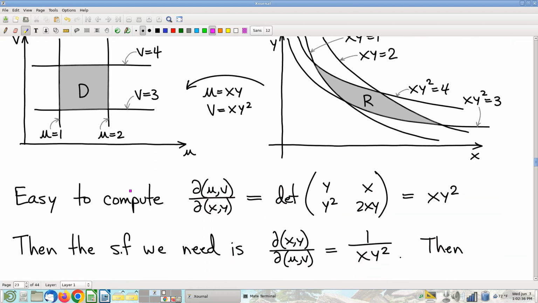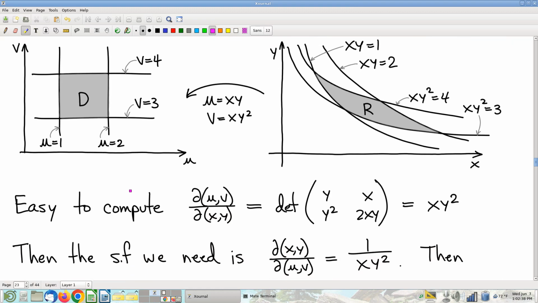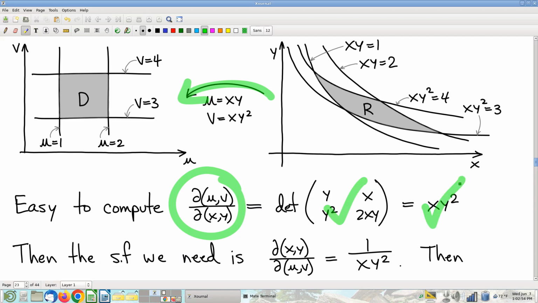And the algebra on this is actually pretty straightforward too. So again, looking at our change of variables function going that way, what you might call backwards stretching factor, the one going the wrong way, partials of u and v with respect to x and y, easy partials, easy determinant.